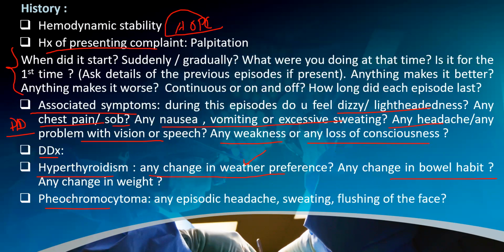So just as a recapitulation, you reassure the patient after introduction, make sure the patient is vitally stable, and then you move on to the history of presenting complaint, which is palpitation, then associated lightheadedness or dizziness. Then you go to the differential diagnosis, starting with CVS questions, then CNS questions, then endocrine, then electrolyte-related questions.